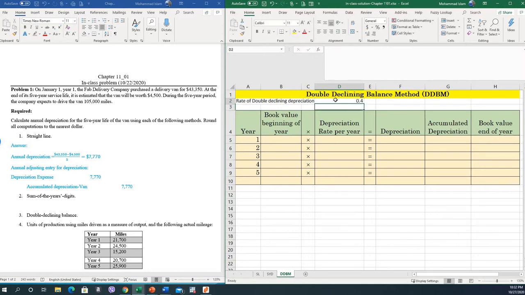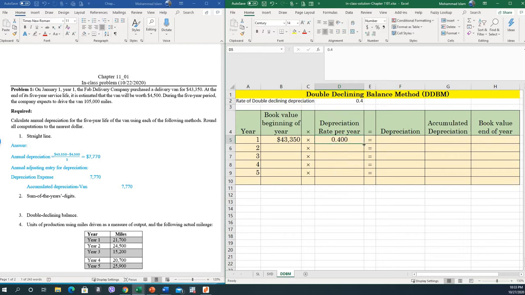Okay, so now we will start with the beginning book value, the original book value, that is 43,350. Okay, we will start with this one. So 43,350, and the depreciation rate is 40%, and this rate is fixed.